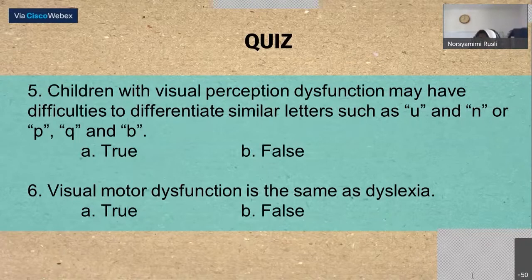So we move on to the next, number 6. Visual motor dysfunction is the same as dyslexia. Is it true or false? I usually receive a lot of questions about this when I talk about visual perception. What do you think? Is it a true statement or false statement?